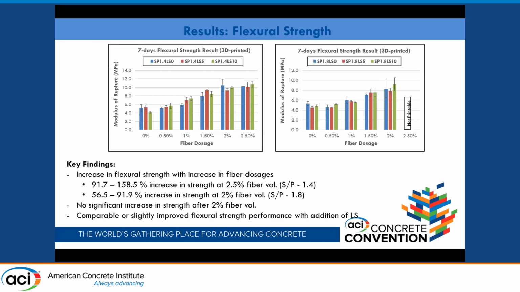However, after a steel fiber dosage of 2%, there is no significant increase in the flexural strength. Mind you, this is just the 7 days flexural strength result. And also the addition of limestone powder leads to a comparable or slightly improved flexural strength result.